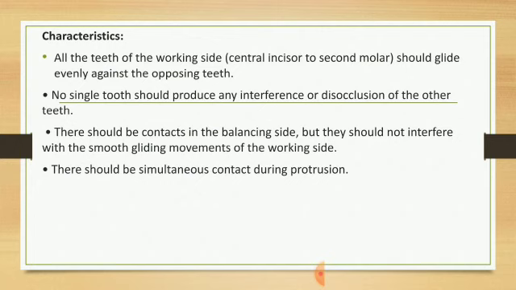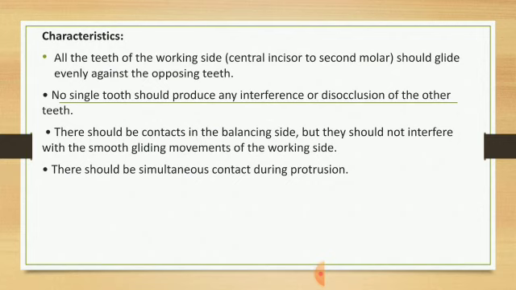Moving on, next we have characteristics of balanced occlusion. So the very basic thing for balanced occlusion is there should be no loss of contact during any type of eccentric movement in the patient's mouth. So this is one basic thing which is to be remembered. So firstly, all the teeth of the working side should glide evenly against the opposing teeth.